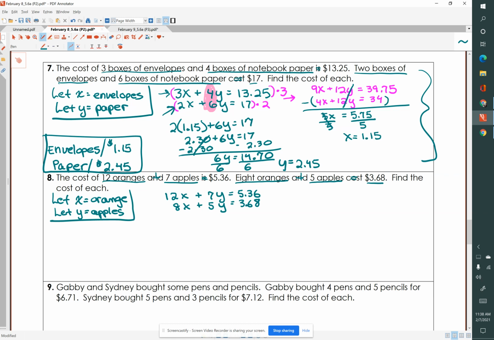I think I'm going to eliminate the X's for this one. I'm going to look for a least common multiple of 12 and 8, and that would be 24. So I'm going to multiply the first equation by 2 and multiply the second equation by 3.